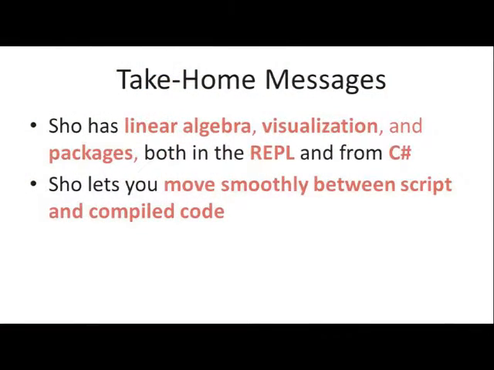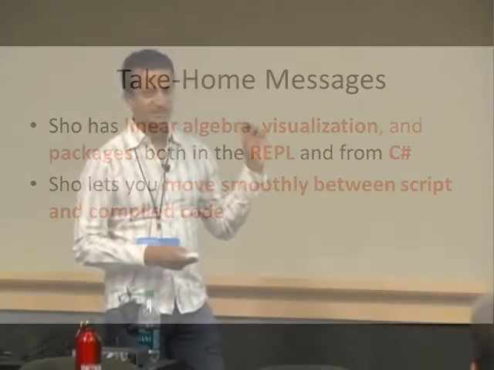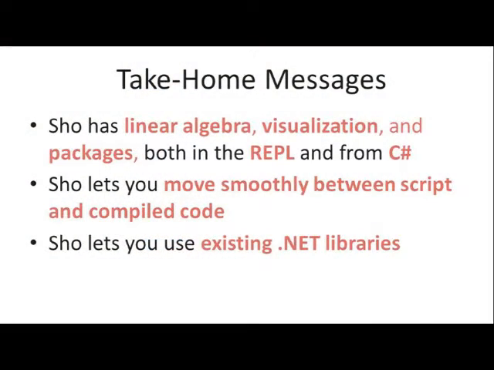And I think the most important part about Show, the place where it has the most leverage, is that it lets you move smoothly between your script code and your compiled code. So if that's an important part of what you're doing, that you need to have compiled components, and you're working with existing code, and you want to do scripting and algorithmic work in the script world, this is a potentially very powerful tool for you. And of course, you can use all these existing .NET libraries too.